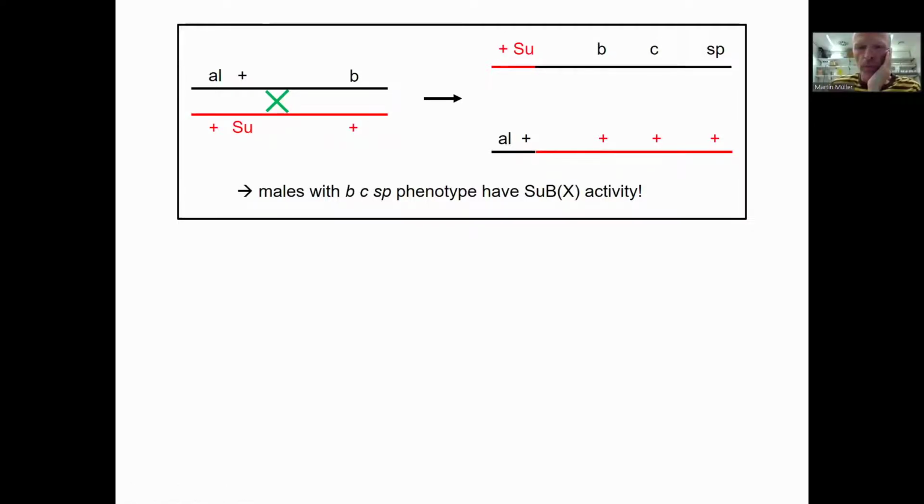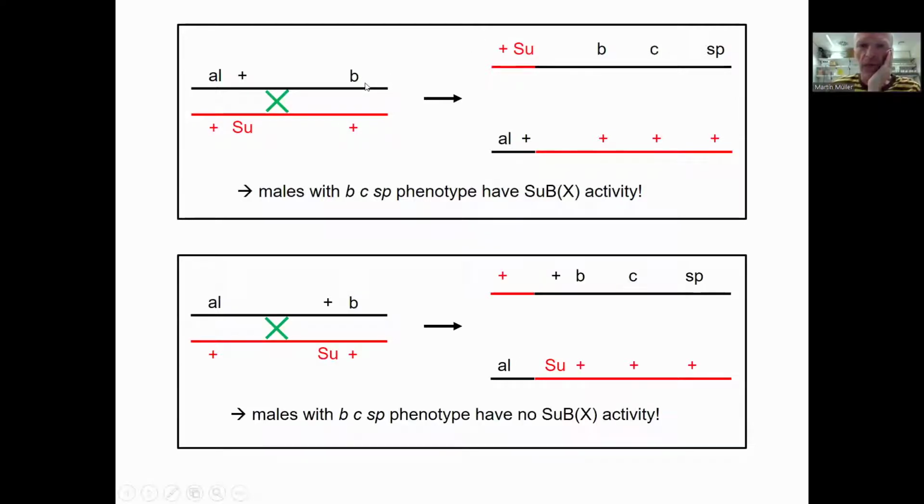But now, since the distance between Aristolase and black is fairly big, the suppressor could also be closer to black. And then, all of a sudden, the black curved speck chromosome, which according to our table should be yes, doesn't have the suppressor activity anymore.